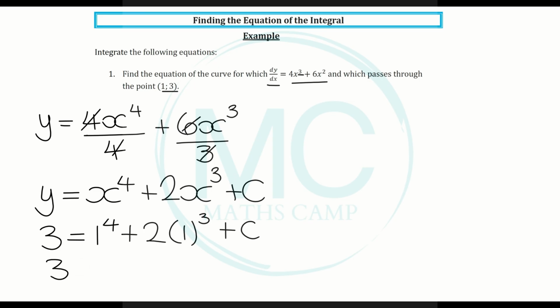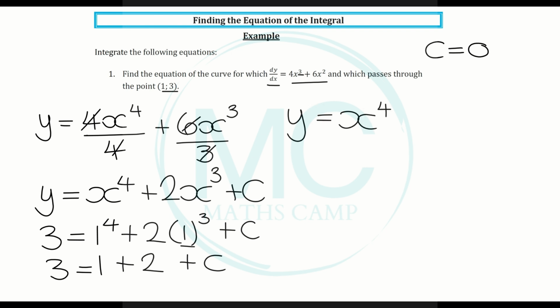So here we have 3 is equal to 1 plus 1 cubed is still 1, multiplied by 2 gives us 2, plus c. 1 plus 2 is 3. 3 minus 3 is 0. So in this case, c is equal to 0. So we can write the equation for the curve as y is equal to x with an exponent of 4 plus 2x cubed.